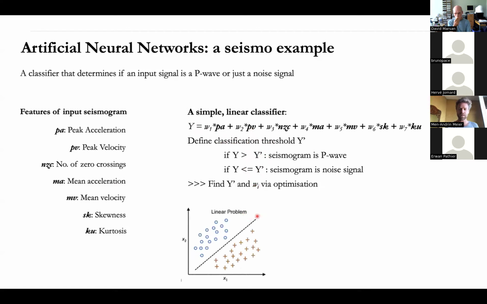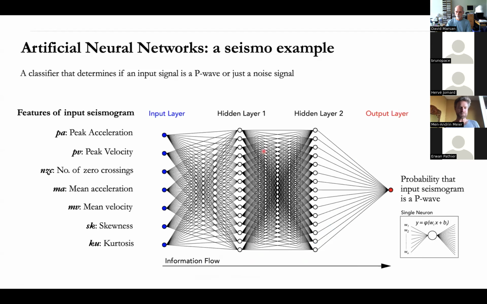This works really well if you deal with a linear problem where the two classes separate linearly, so you can divide them with a linear line in whatever number of feature space that you have. But often our problems are not linear, and then this will not work very well. And this is where neural networks can excel.